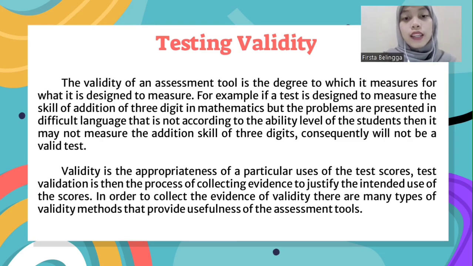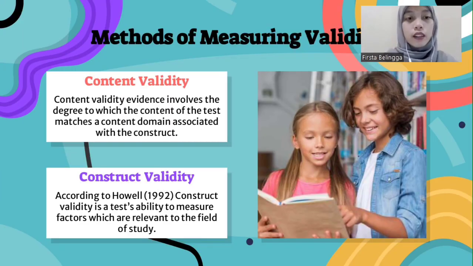Overall, we can say that in terms of assessment, validity refers to the extent to which a test's content is representative of the actual skills learned and whether the test can allow accurate conclusions concerning achievement.